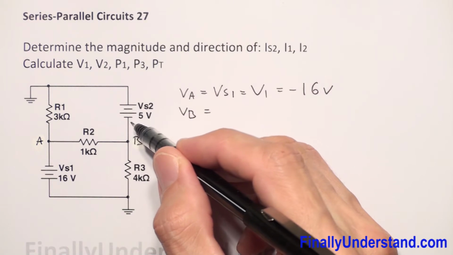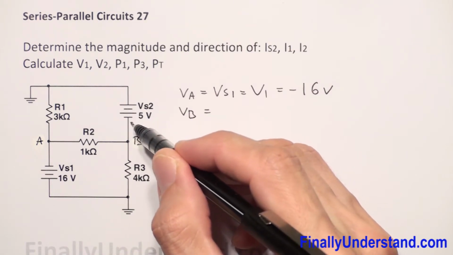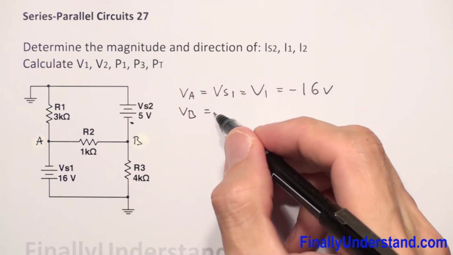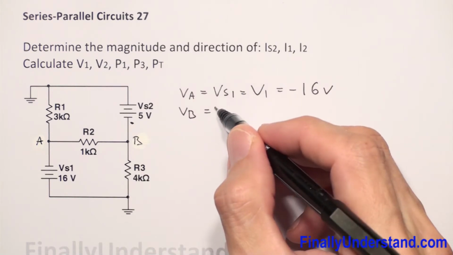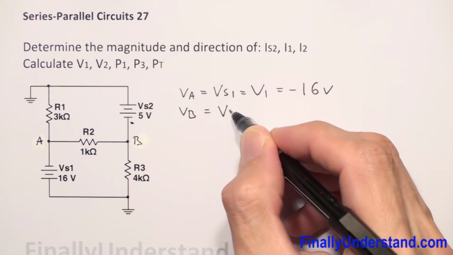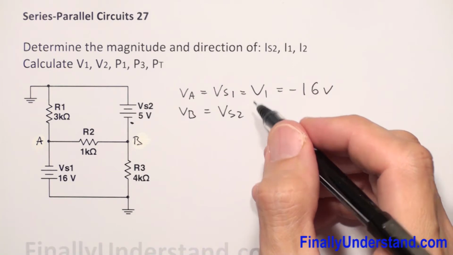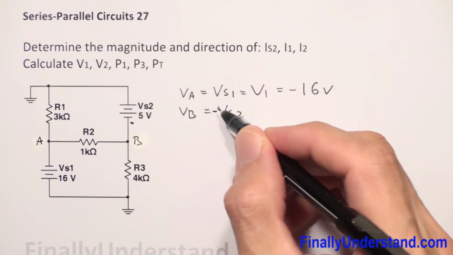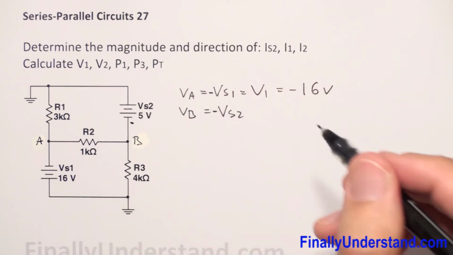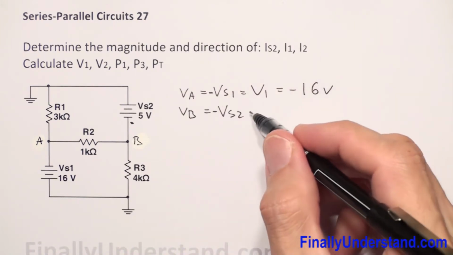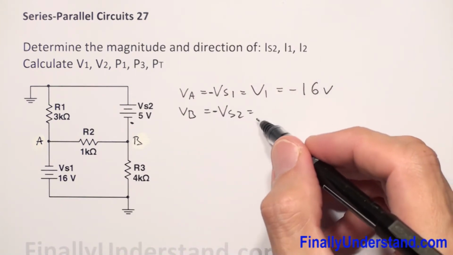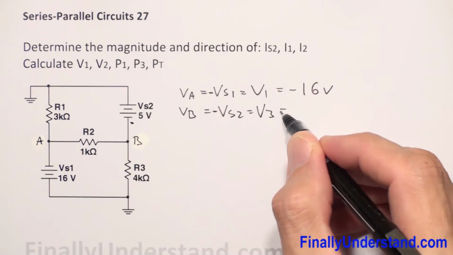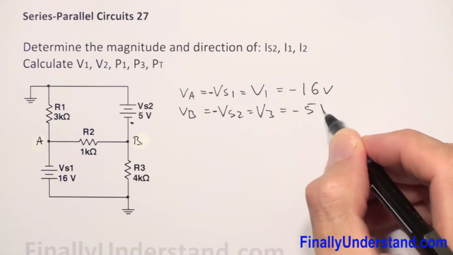Why negative? Because this point is connected to the negative terminal. That's why I'm going to say that this is equal to my voltage source 2, and because this is connected negative, just put negative over here. So this is also equal to V3, which is equal to negative 5 volts.